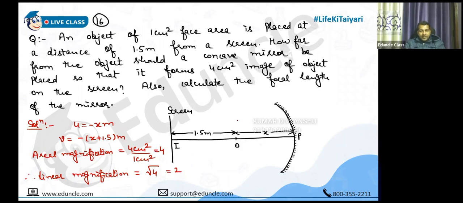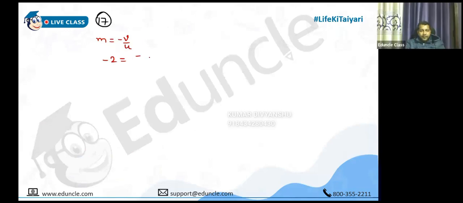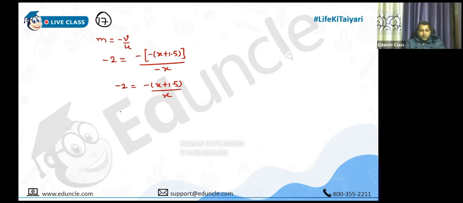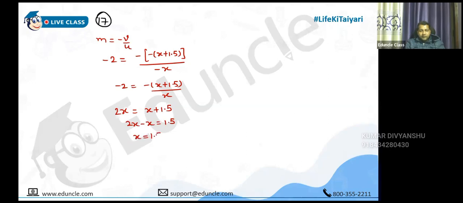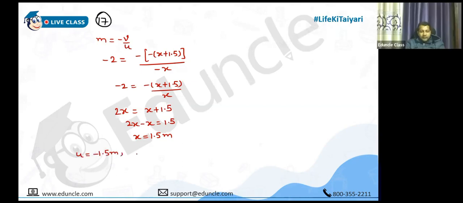So this was how much? This, na? And this was minus x, na? So I'm getting x to be 1.5. So now we have to get the focal length also. Na? It means the u is minus 1.5. And what is v now? It will be minus 3. Na? So 1 by u plus 1 by v equal to 1 by f.